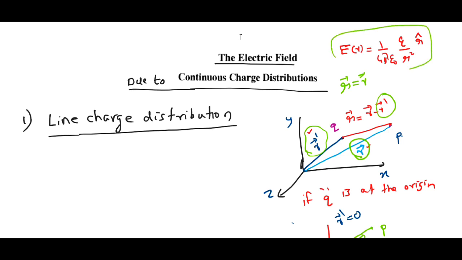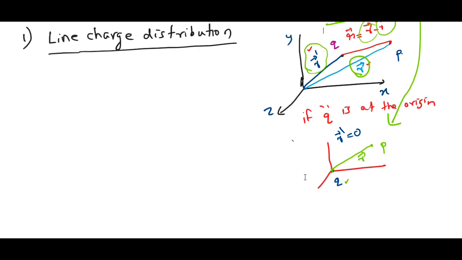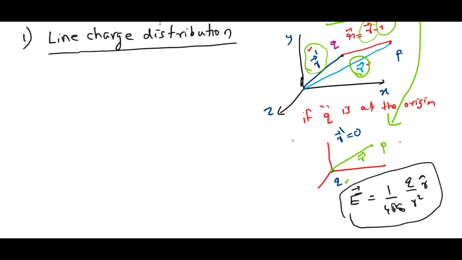Then this expression will be reduced to this form, that is, instead of separation vector r, we will substitute r, then electric field will be E is equal to 1 by 4 pi epsilon 0, Q divided by r square, r cap. This was the normal representation, which means this is a special case of this situation.